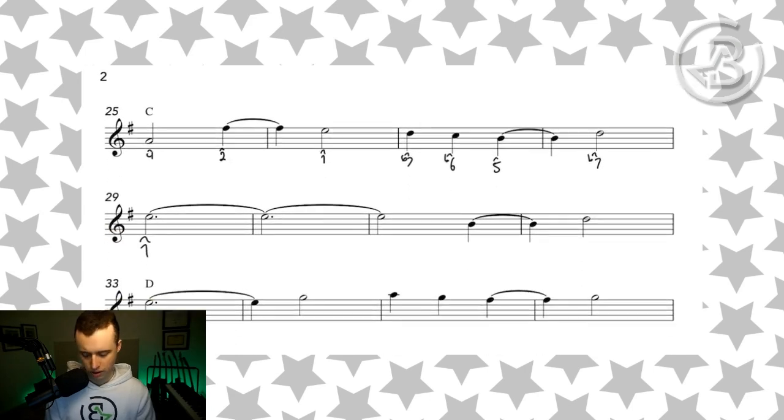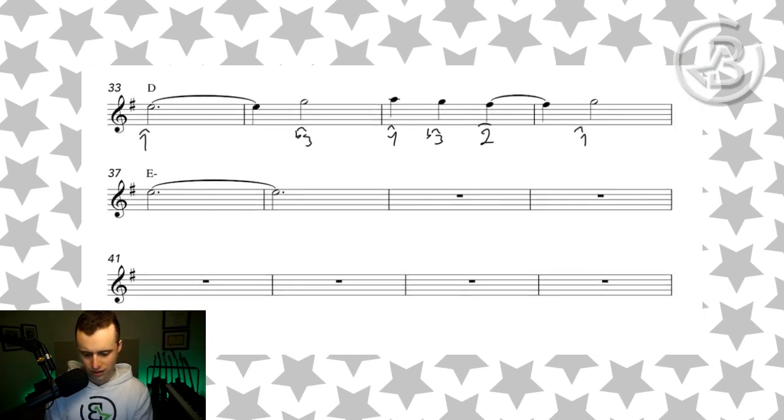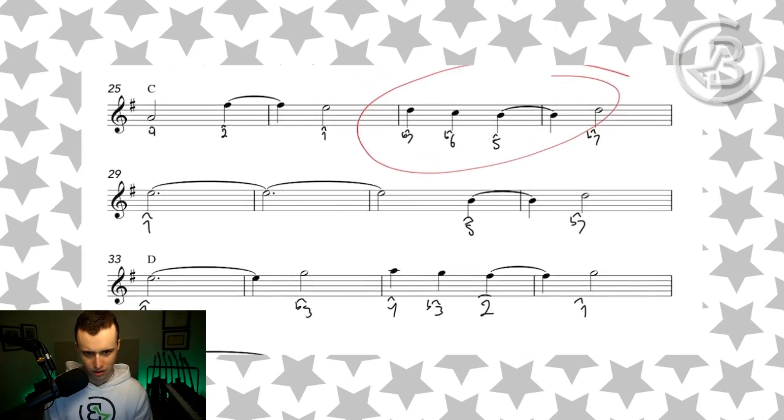Scale degree 1 in measure 29, 5, flat 7, 1, 3, 4, 3, 2, 1. And you can see we have the same rhythmic pattern here as we do here, different notes.